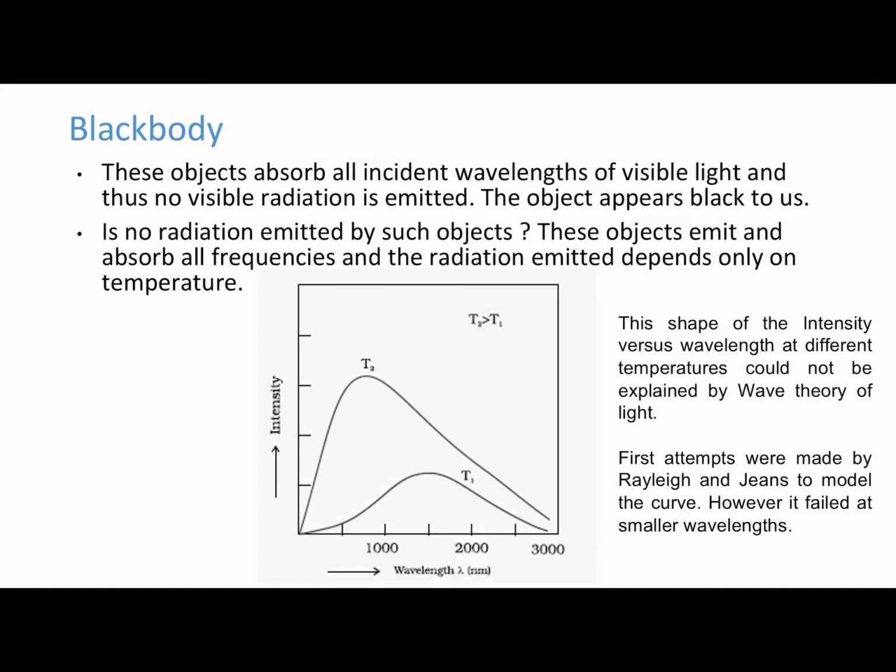This change in color happens from a lower frequency to a higher frequency as the temperature increases. In many cases, it changes from red to blue. The red color belongs to the lower frequency region of the electromagnetic spectrum, while blue color belongs to the higher frequency region of the electromagnetic spectrum.